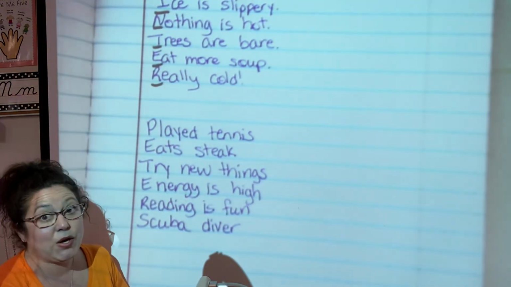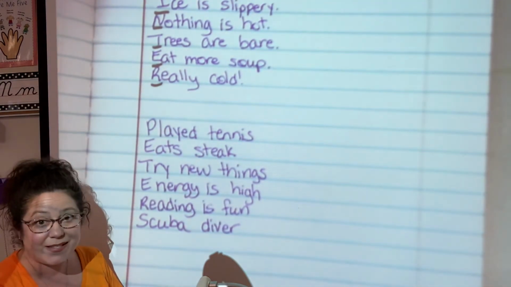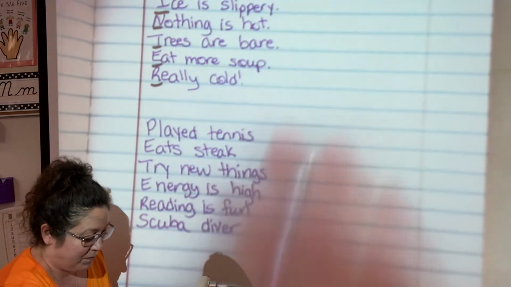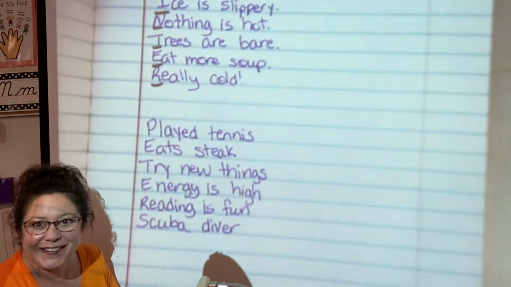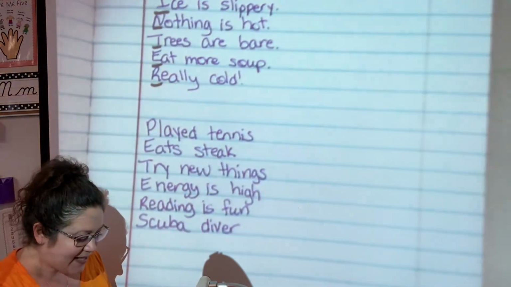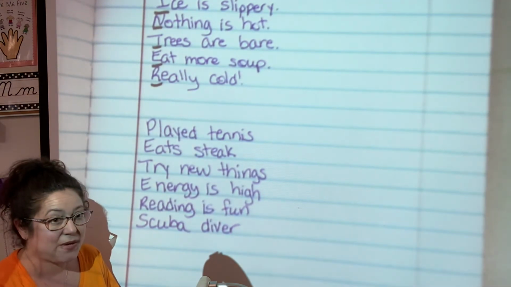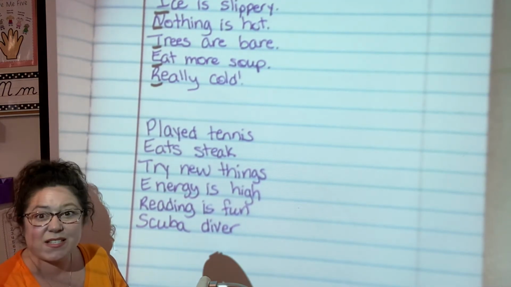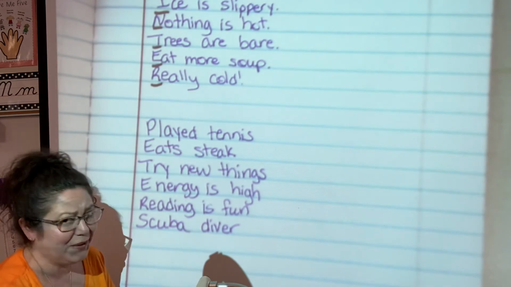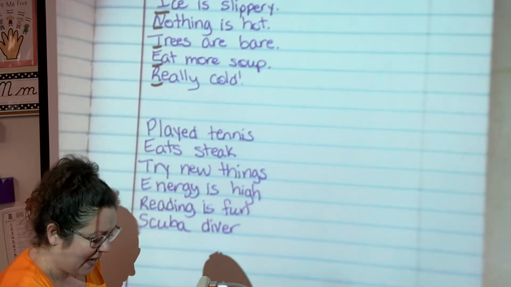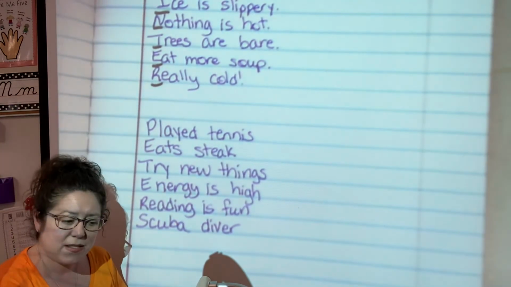I haven't been in a long time, so I'd probably have to take some lessons to do it again. But, see, I like to try new things. So this is our acrostic poem. I think it probably makes sense to you now. The definition, the meaning of it is a little like, what? I don't get all those words, Mrs. Peters. But now that we did 2 examples, it should make more sense to you.